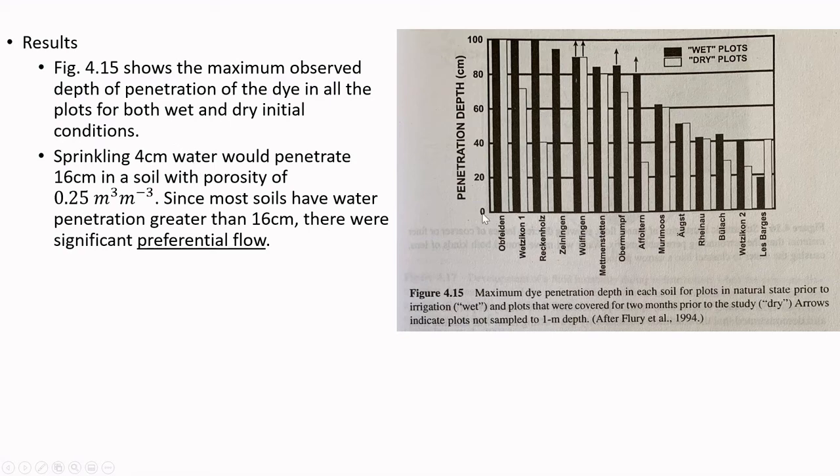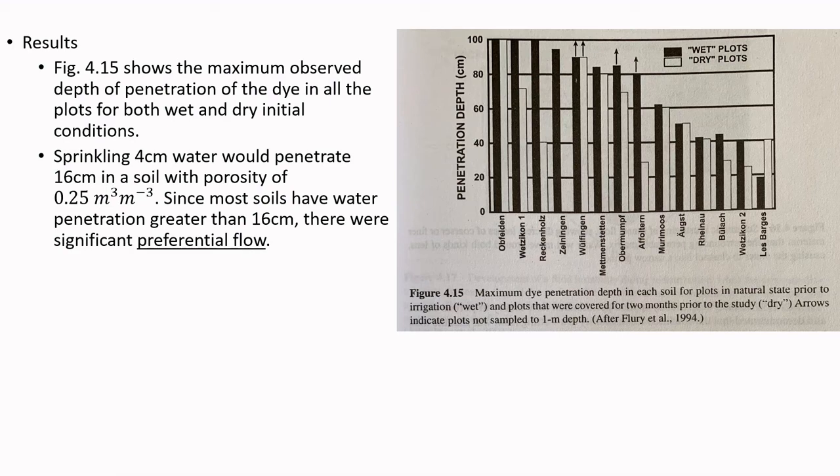But in this case, it can go up to 100 centimeters. In some cases you can get at least 40 centimeters. The wet and dry are also not much different, but in some cases the dry ones are lower because the dry soil was covered for 2 months without exposure to any rainfall. So you can see that some kind of preferential flow is actually happening in the soil.